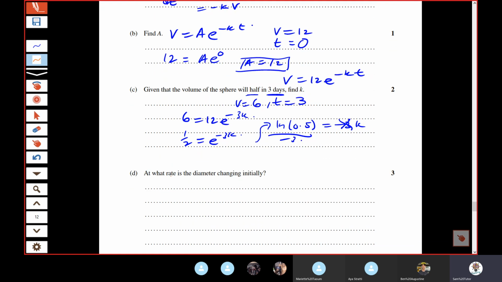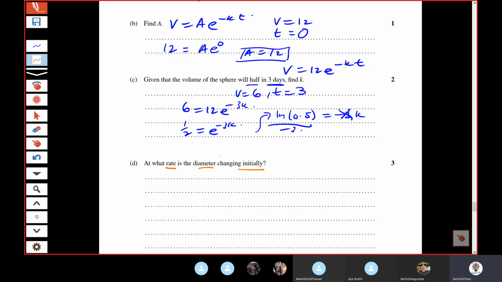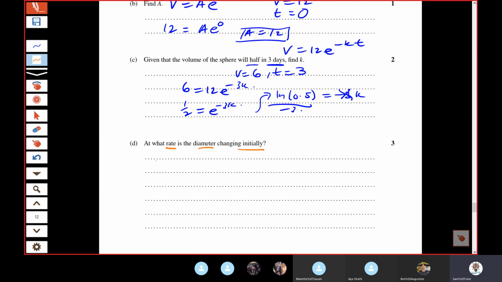At what rate is the diameter changing initially? Can someone tell me what that is even asking to find? dV on dr. Incorrect. You're saying the change in volume with respect to the radius changing. Okay, yeah, never mind. You're close. At what rate is the diameter changing initially?